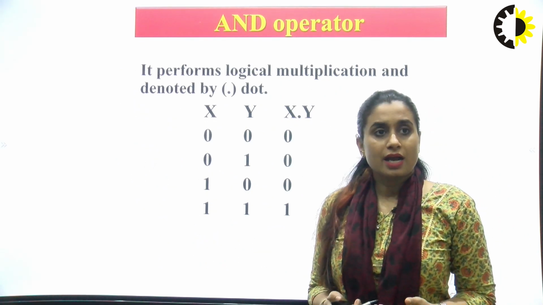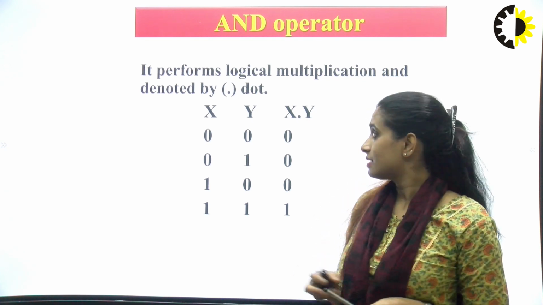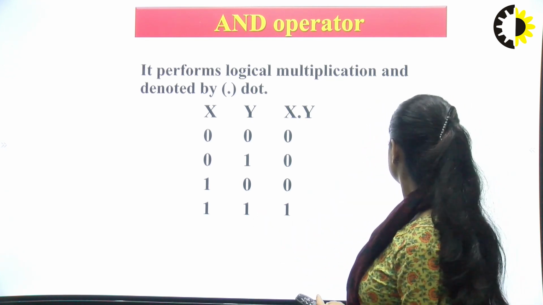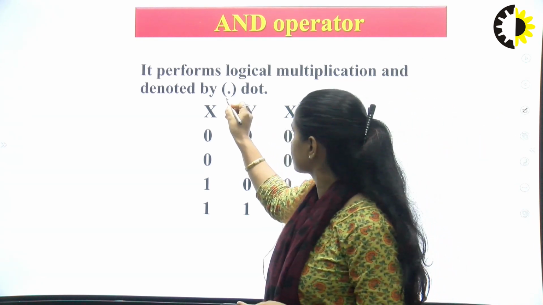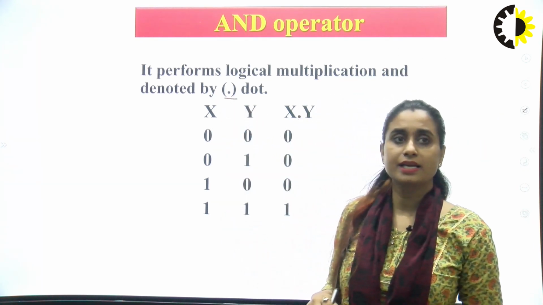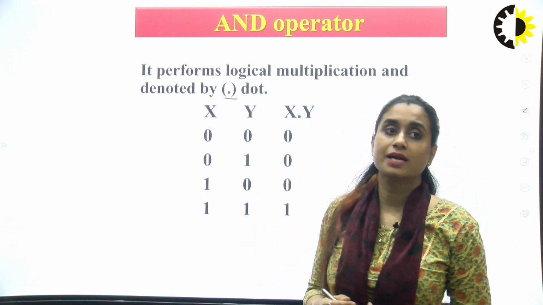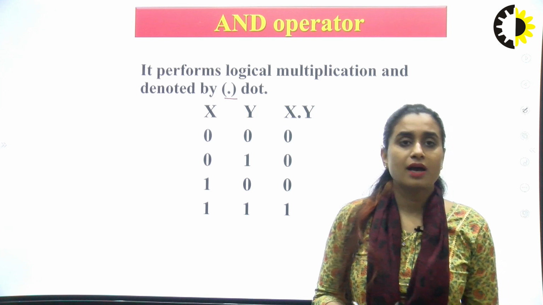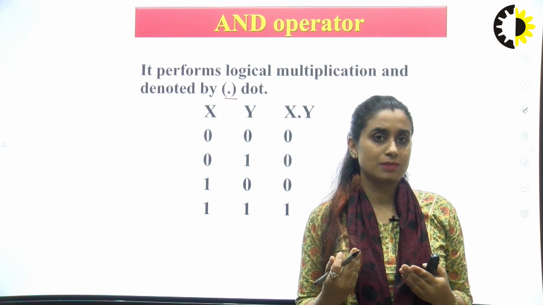If I talk about the AND operator, it performs logical multiplication and it is denoted by a dot. So these are my two binary inputs x and y, and x dot y will give me the AND operation. If I have two binary inputs, then the number of possible outcomes will be 4.